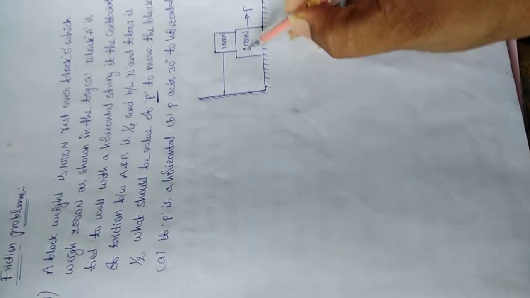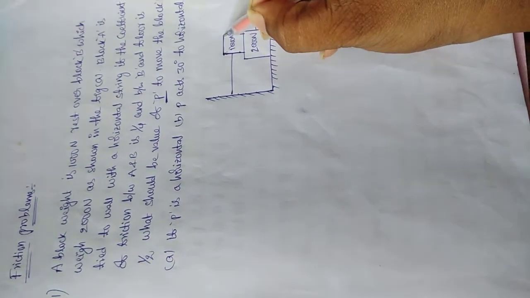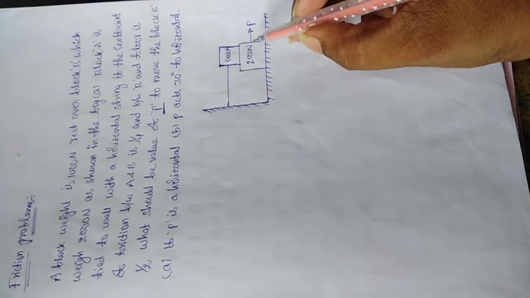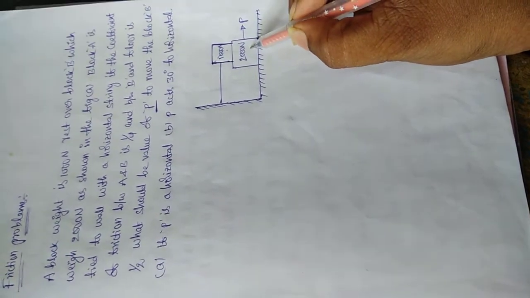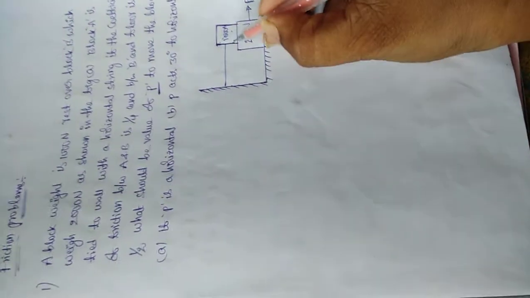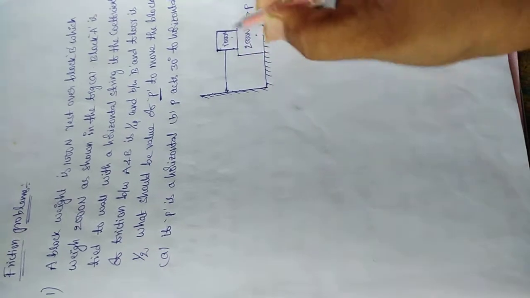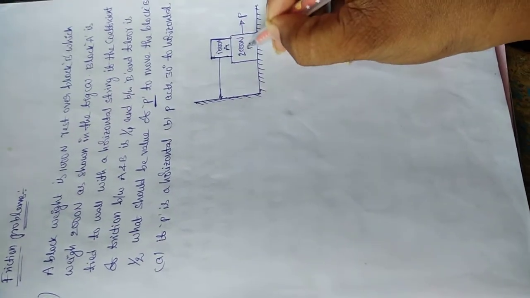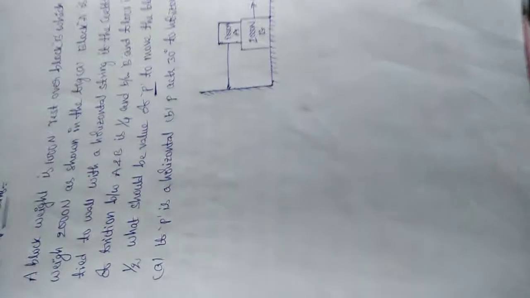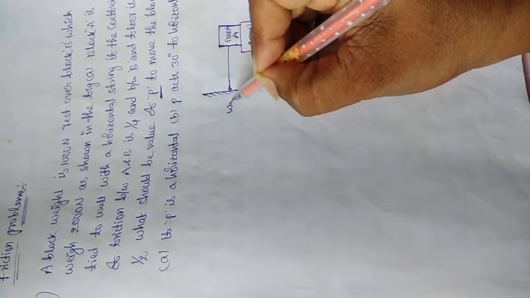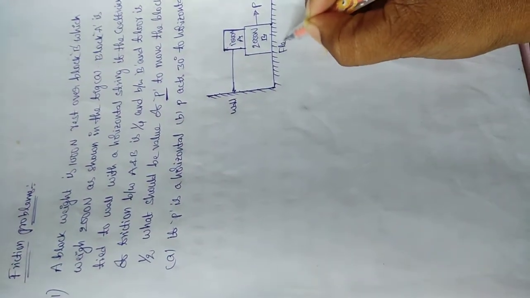See, block A weighs 1000 Newton. Here the block given in the diagram is of 1000 Newton. This 1000 Newton block is resting on the 2000 Newton block as shown in the figure. The problem itself says that block A is tied to the wall. This is the wall and this is the floor.